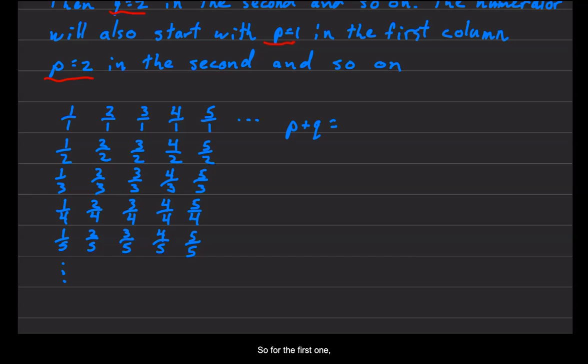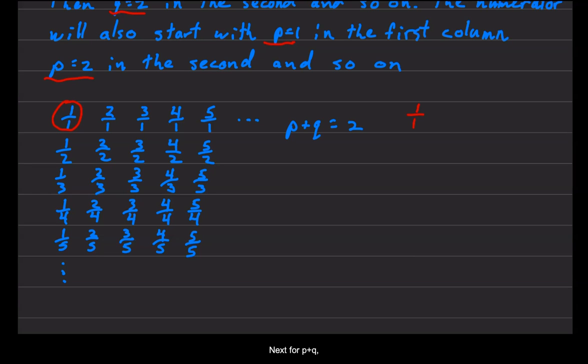So for the first one, P plus Q is equal to 2, and that is going to correspond with this term right here. So this corresponds with the term 1 over 1.